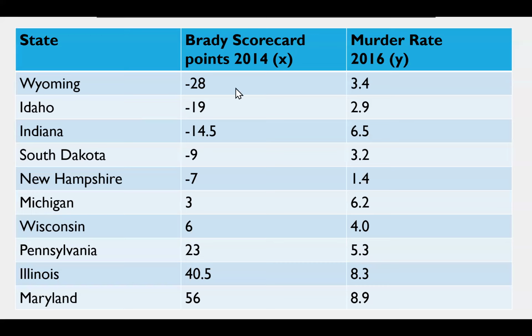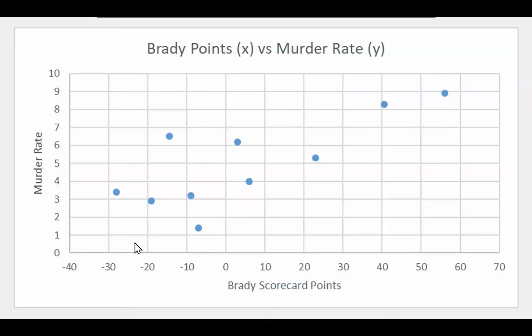We're calling the Brady scorecard points the X and the murder rate the Y. Somebody could have also reversed that. But if you call Brady scorecard points the X and murder rates the Y, when you plot out each ordered pair, you get this scatter plot.